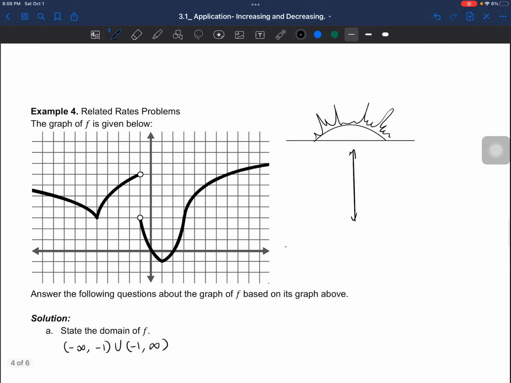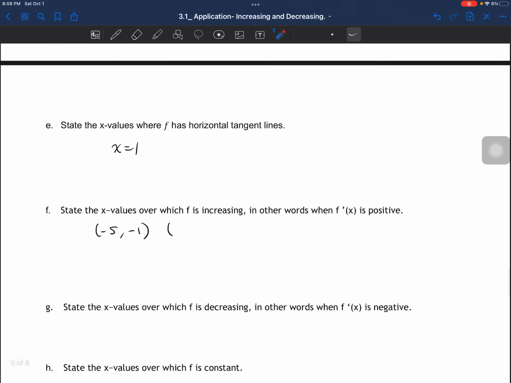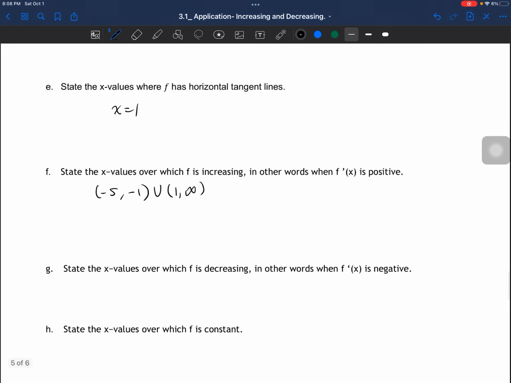And then also from here, it seems like it's always increasing. So from x equals 1 to positive infinity, the function is also increasing. And then we're going to unite those intervals.